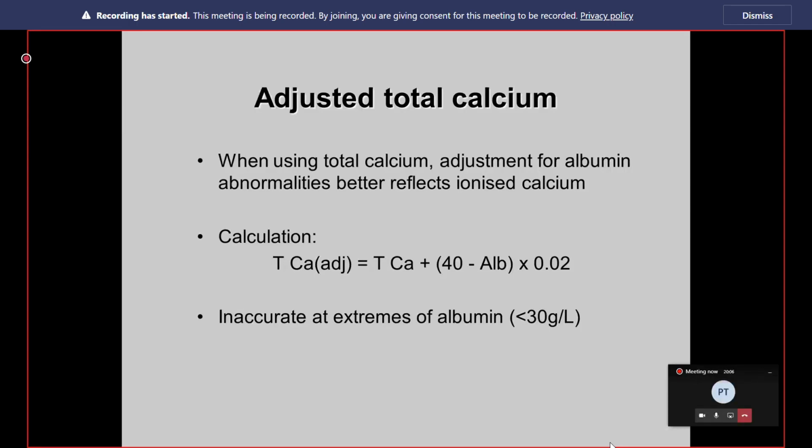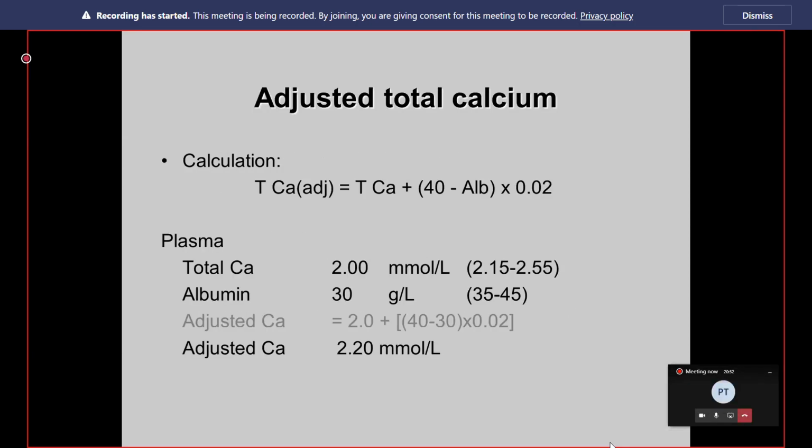There is an equation for adjusting the total calcium based on the albumin concentration, and we adjust total calcium back to an albumin of 40, although in the extremes of albumin, less than 30 grams per liter, the adjustment becomes less accurate.